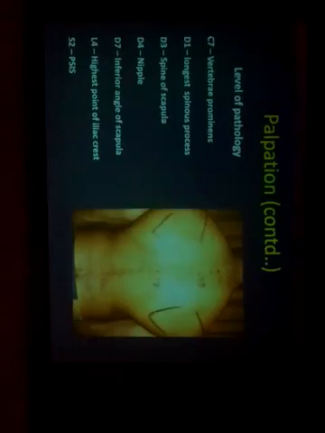You must mark all these points before the examiner comes to you. With the help of this marking, you can be sure of the exact area of disease. If you elicit tenderness at D4, you will find that it is just beneath the area marked as D3. That is the basic logic behind marking these areas. Use a good marker pen, like in this case; don't use a ball pen.